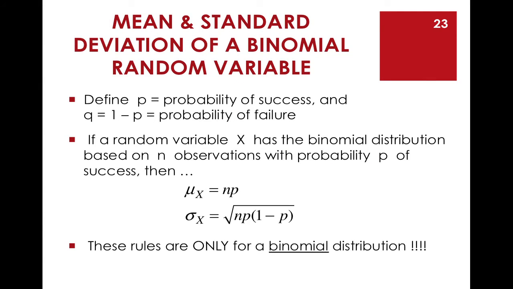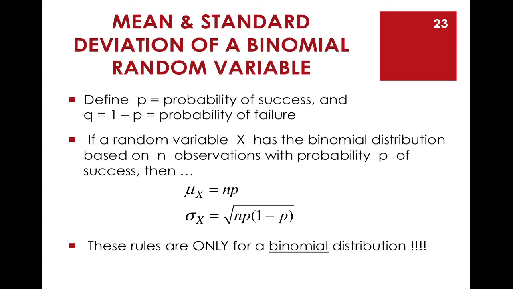All right, and that's talking about mean and standard deviation of a binomial random variable. You'll remember from the last unit, Unit 4, we talked about mean and standard deviations for random variables. You'll remember that from the end of the unit, hopefully.